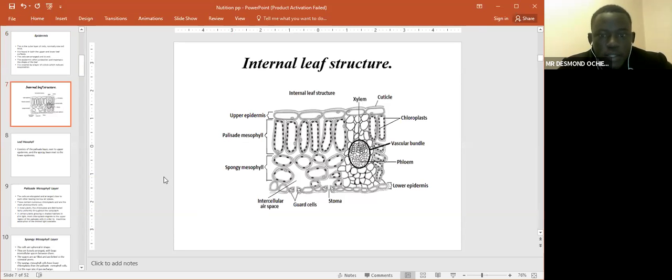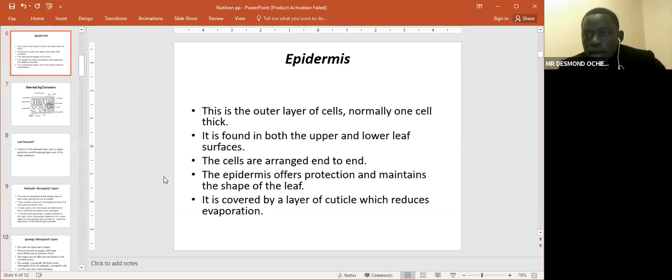I just want to also add that when you talk about the epidermis, stomata can be found in both the upper and lower epidermis in most plants. This depends on the environment in which the plant is found.